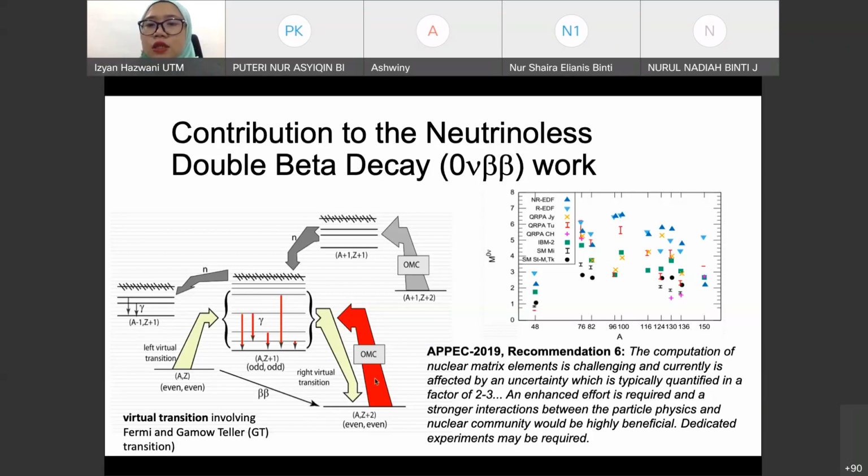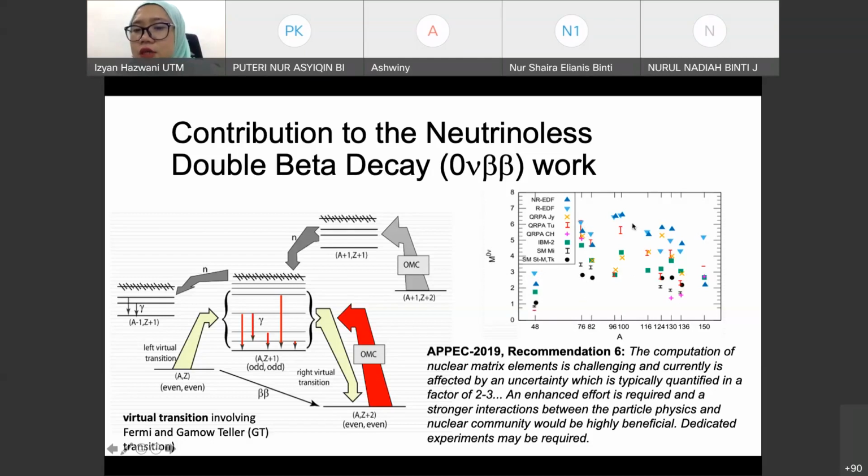Due to this confusion, some theoretical calculations have been undertaken. If you look here, the estimation for the matrix element of neutrinoless double beta decay has very large uncertainties, from 3 to 7. These are 48, 76, 82, and up to 150.